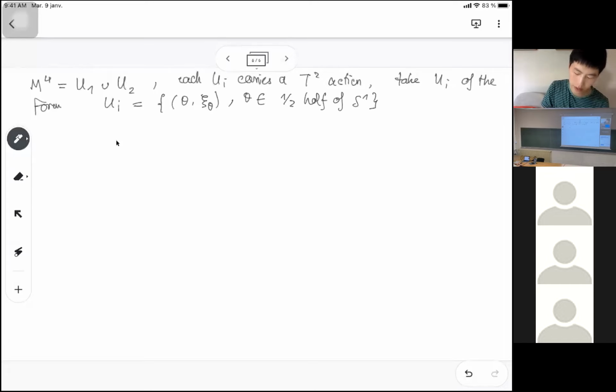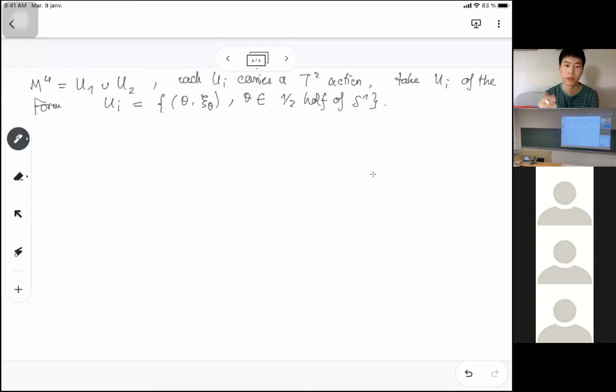In fact, you need to take a slightly larger open set, but morally, this is what you're doing. And so, okay, that's pretty conceivable, right? Because locally, you're essentially E theta, and E theta has a trivial T2 action that I described in the first example.